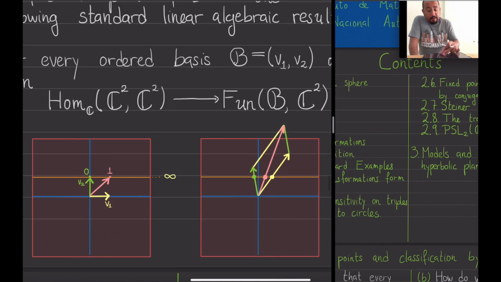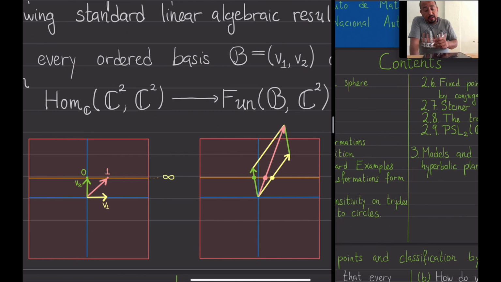Okay, now by definition, a Mobius transformation of P1C is the shadow of a bijective linear map, right? And the theorem says that a bijective linear map is determined by deciding where these two go.